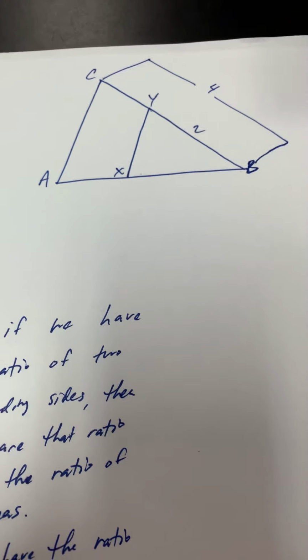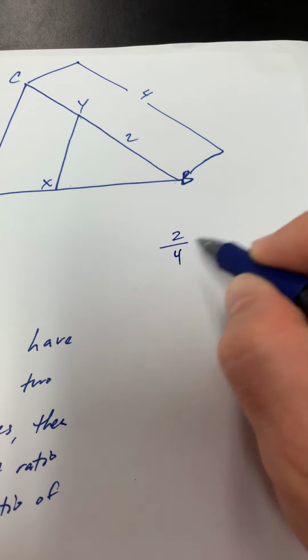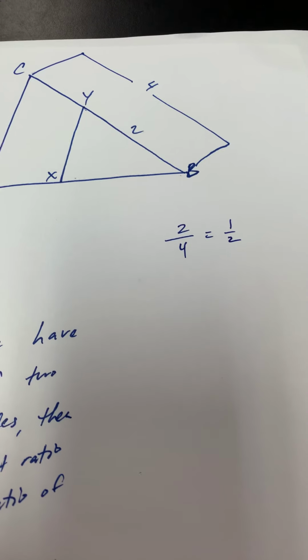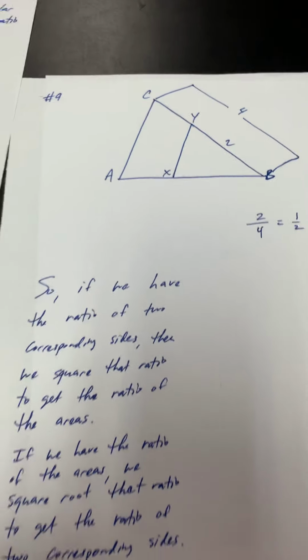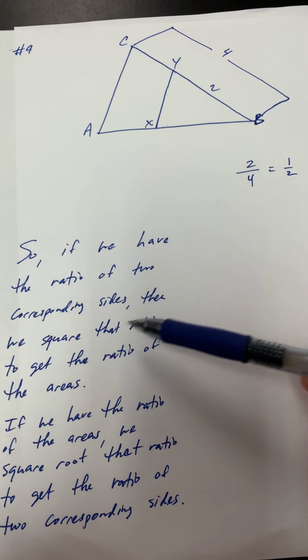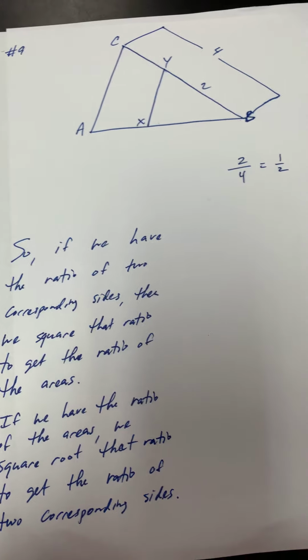Do you see that? So that means we have a ratio of 2/4, which is 1/2. So do you remember? I've got it right here. If we have the ratio of two corresponding sides, then we square that ratio to get the ratio of the areas.